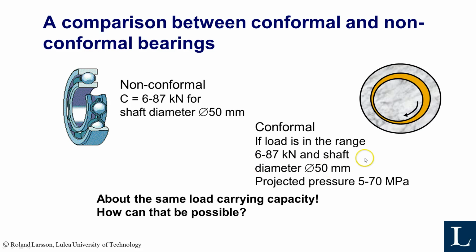If you apply that load to a journal bearing with the same journal diameter, you will get a projected pressure of 5 to 70 megapascals. That's pretty much for a journal bearing. And so I would say that these two types of bearings can carry about the same load. Sometimes the ball bearing can carry even more. How can that be possible? That's what we are going to learn in this mini course, I would say.